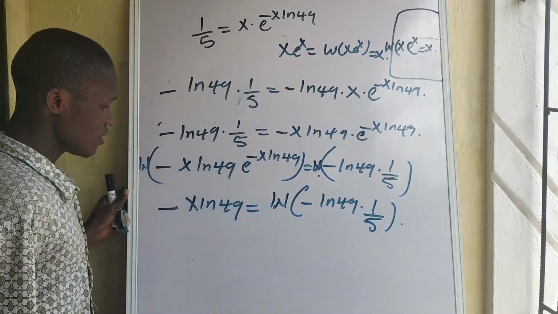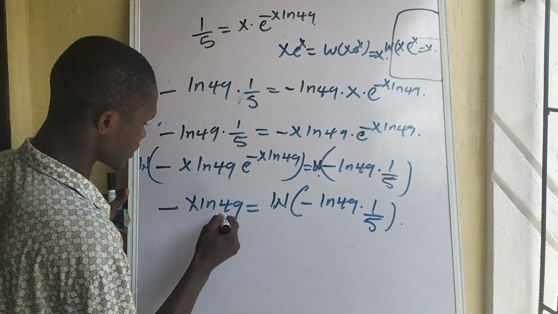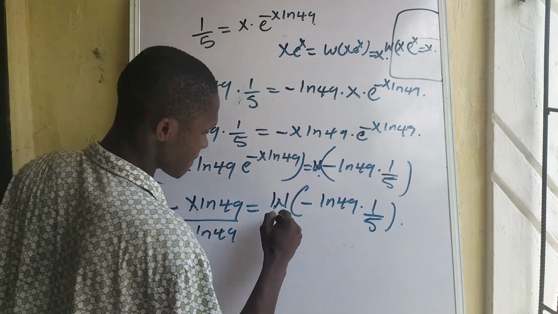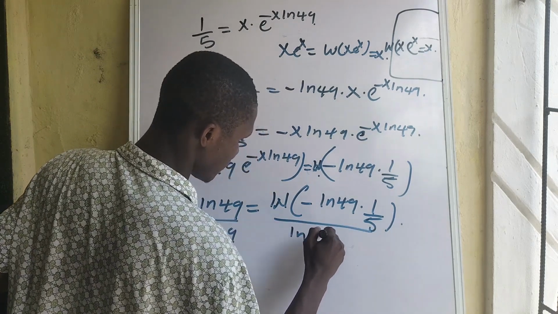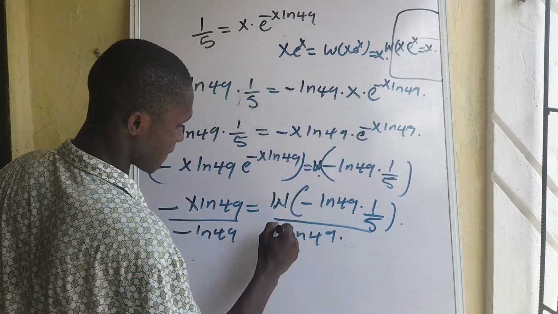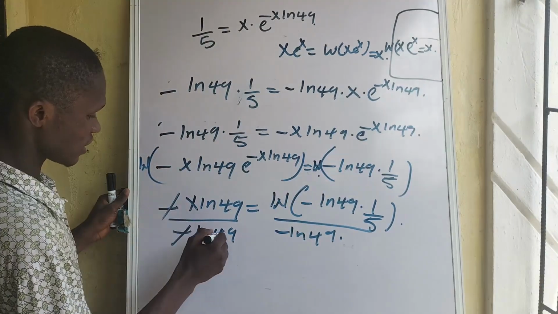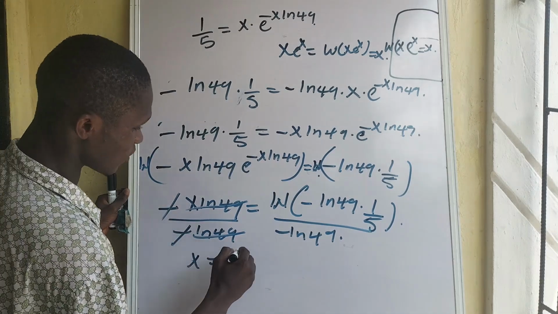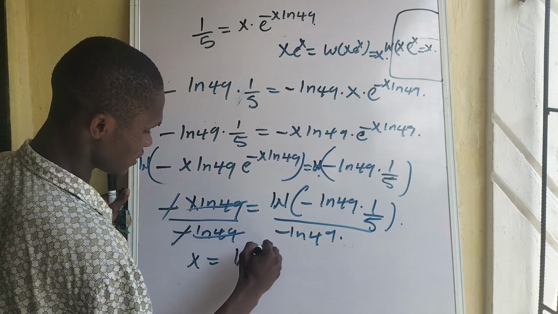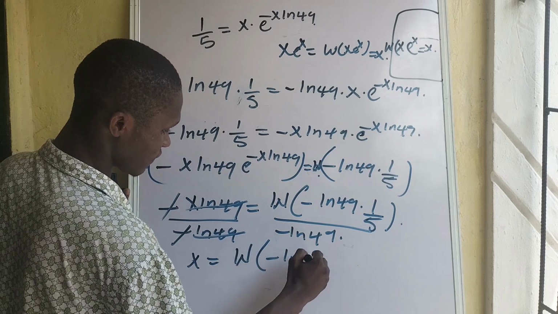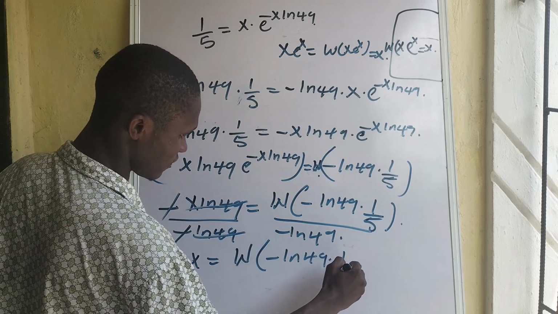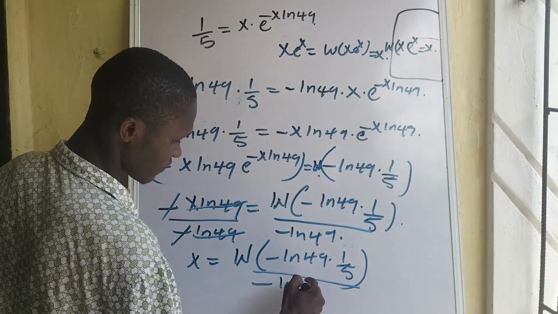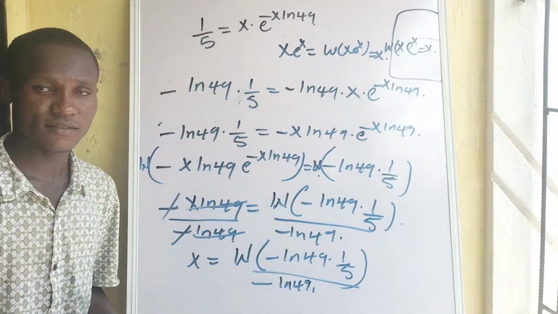In order for us to look for x, we can divide both sides by minus ln 49. So this and this will cancel off, and we are left with x. So our x is equal to the Lambert W function of minus ln 49 times 1 all over 5, close bracket, all over minus ln 49.